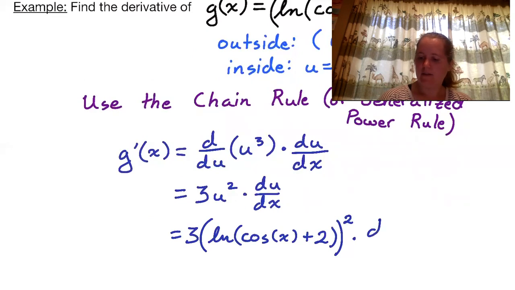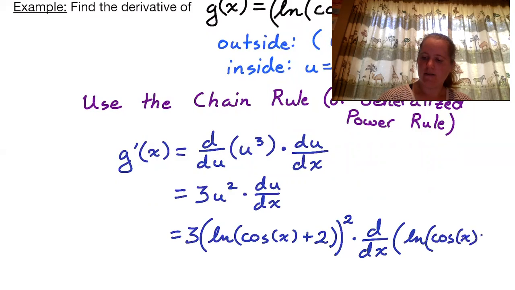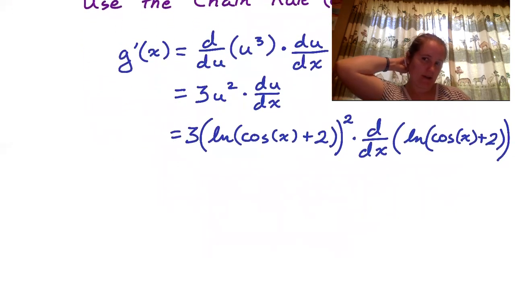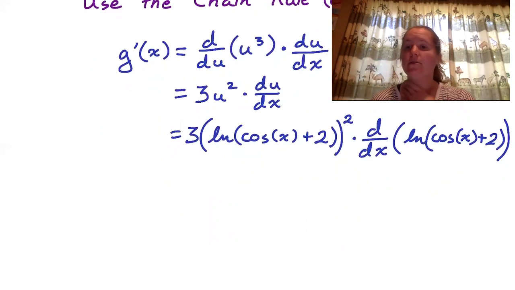And then we have times the derivative of the natural log of cosine of x plus 2. At this point, we need to take the derivative of the natural log of cosine of x plus 2. Again, we have a composition. We only know natural log of x.